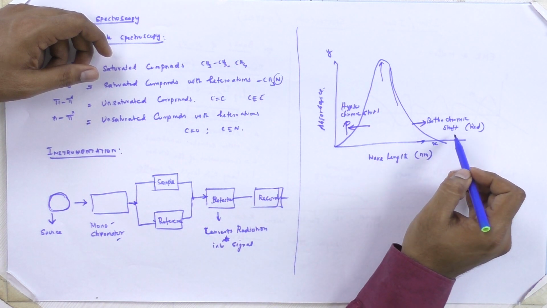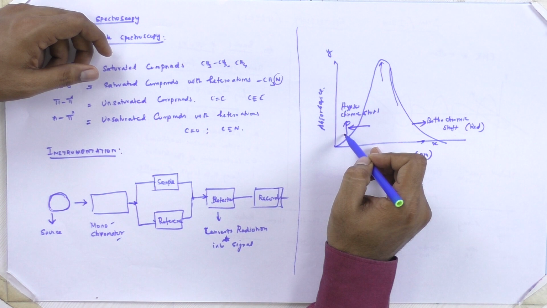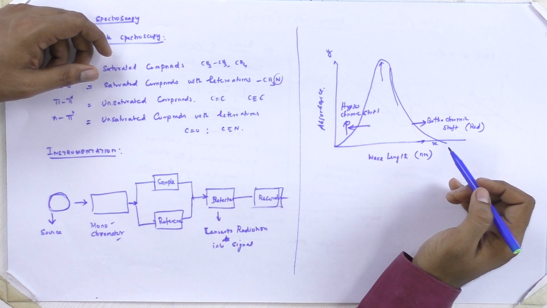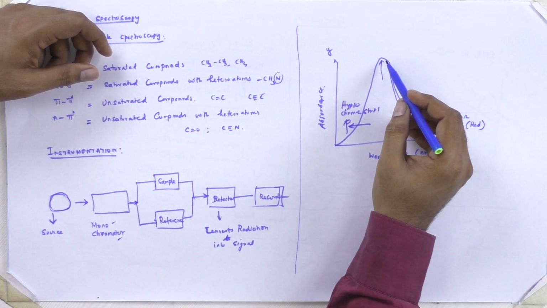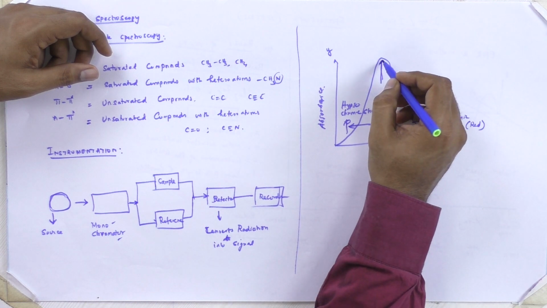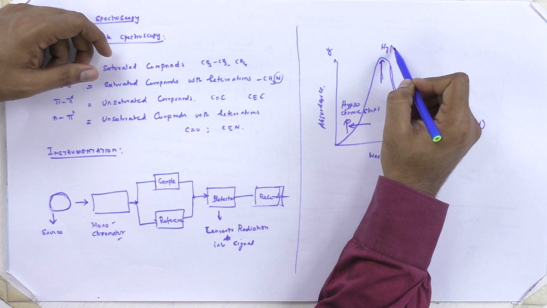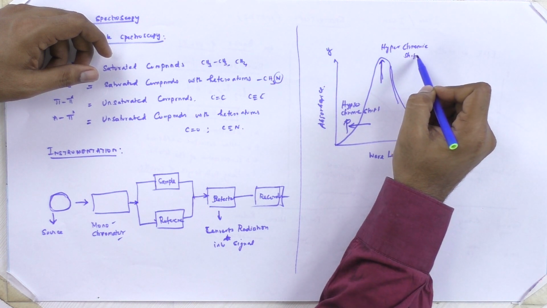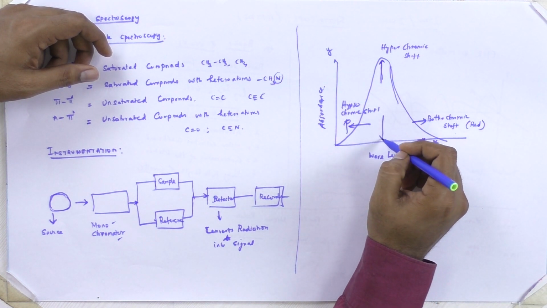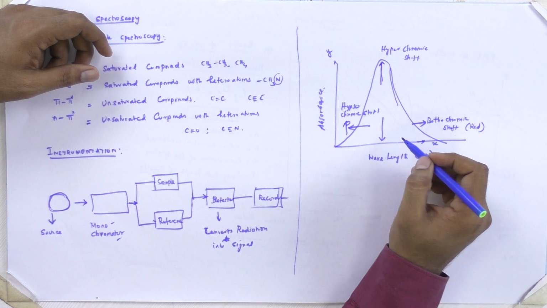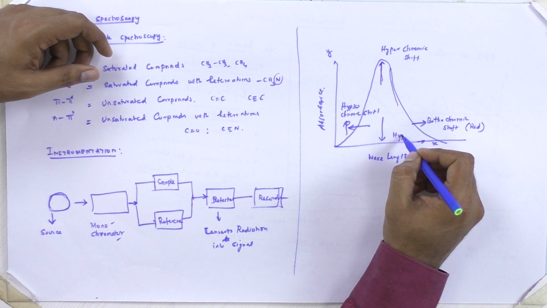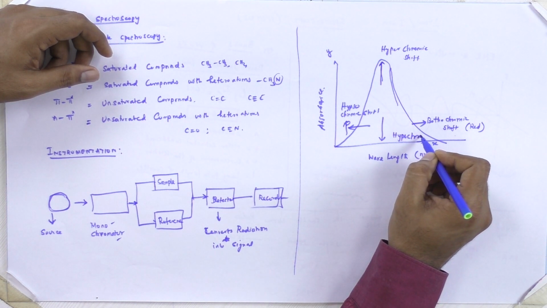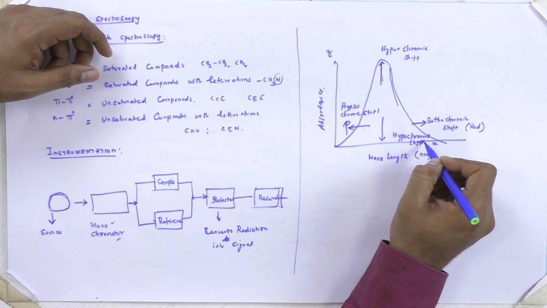If the intensity of the absorbance is high, it is called a hyperchromic shift, whereas if the intensity of the absorbance is low, it is called a hypochromic shift. These are the basic aspects of UV visible spectroscopy.